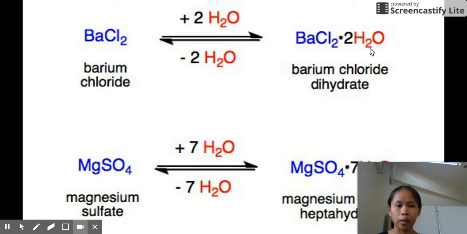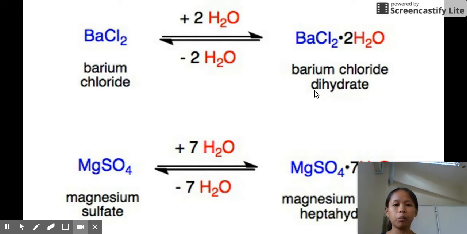And if you look at the name, it is barium chloride. So the ionic compound's naming doesn't change. The metal's name barium doesn't change, and chlorine has an IDE ending, so that's barium chloride. But you need to attach the name of the hydrate according to how many water molecules are bound to your barium chloride. Since there are two, you attach the Greek prefix associated with two, which is di, to the word hydrate.